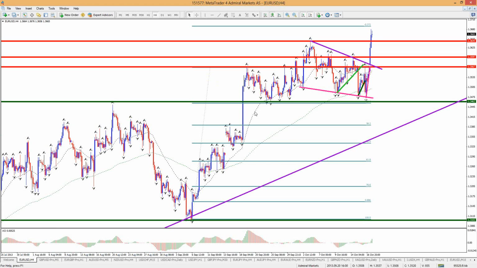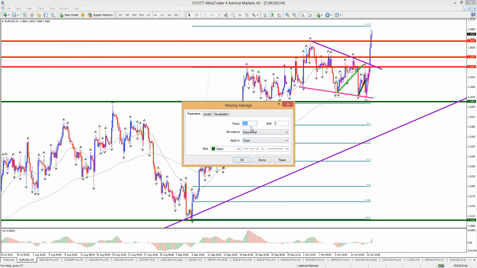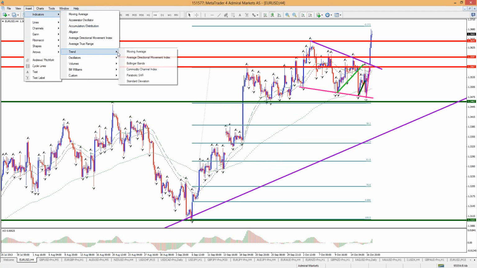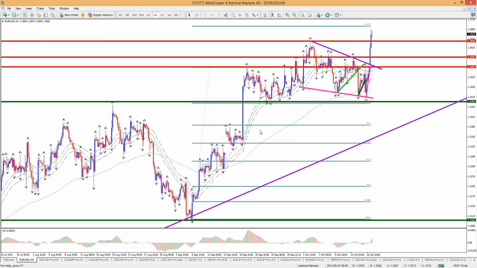And I don't have all three EMAs at the moment. Let me quickly add 2 of them, high and low. Alrighty, so here we got the 3 moving averages.